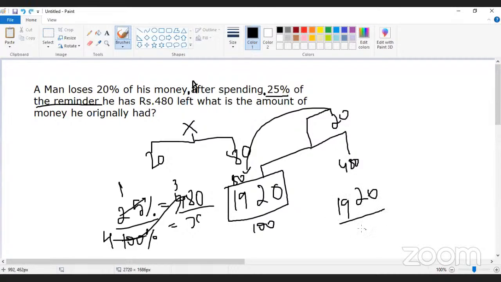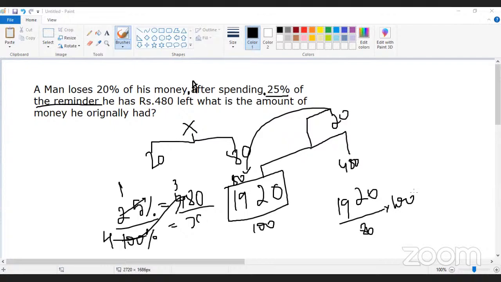If this is 80%, then what will be the 100%?